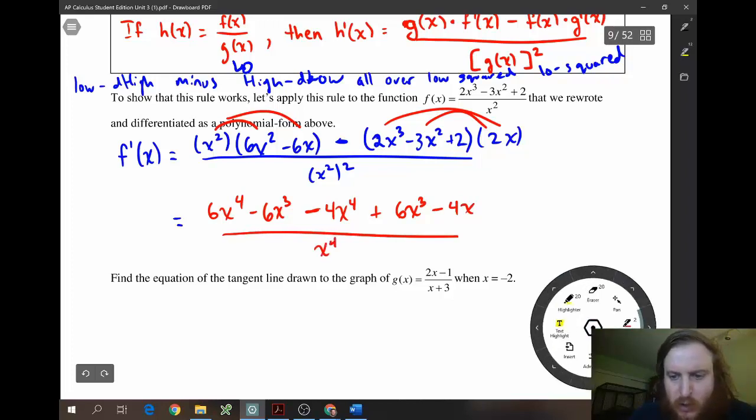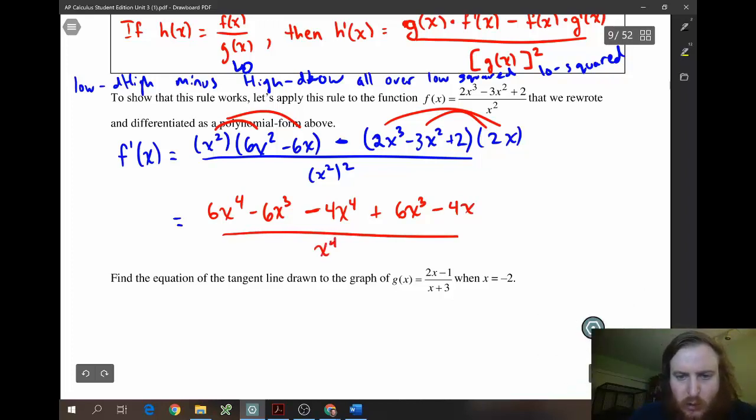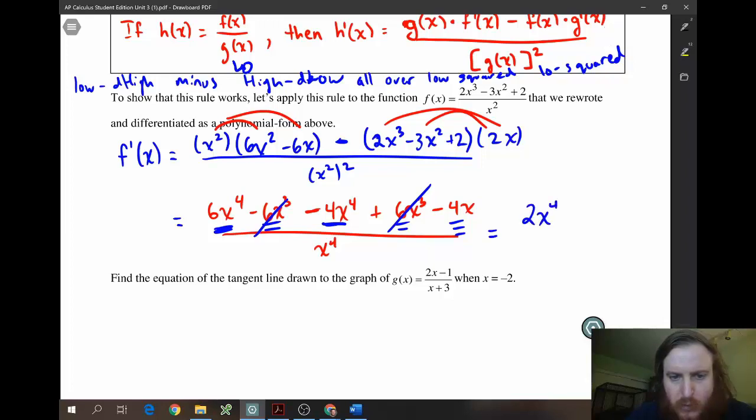And now let's look for our like terms. So anything with the fourth power, I'm going to underline once. Anything with the third power, I'm going to underline twice. And we'll go 3 times there. So let's cancel out. And that gives us 2x to the fourth minus 4x all over x to the fourth.